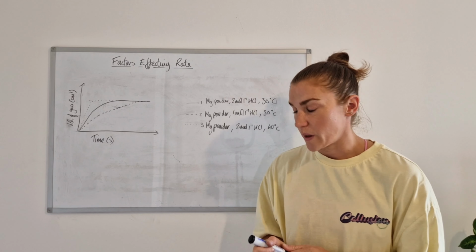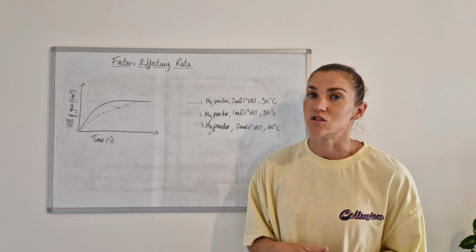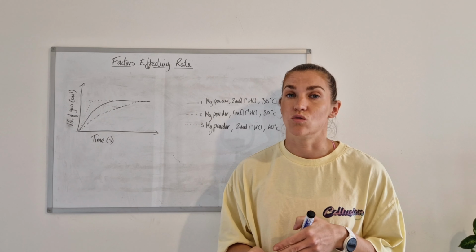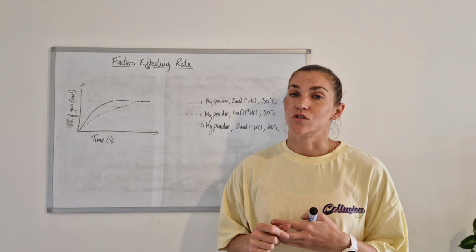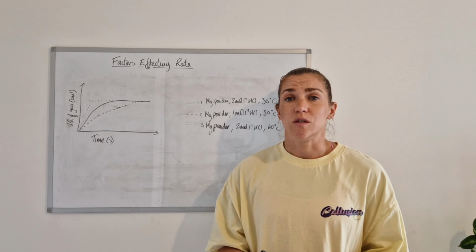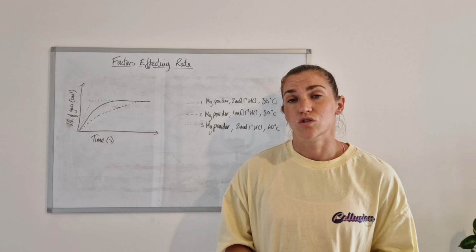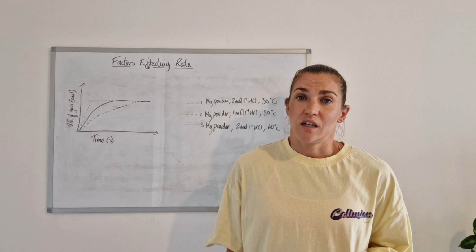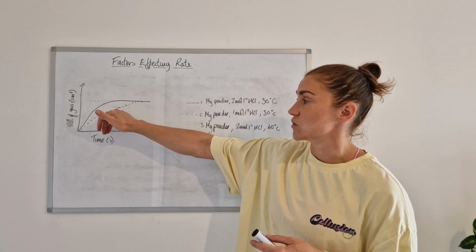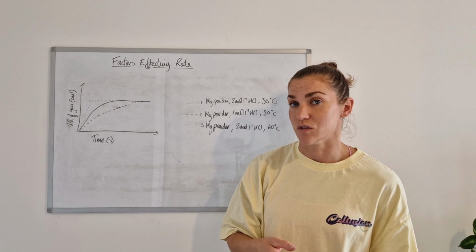So when you get these questions in an exam and you're asked to suggest a factor that could have been changed, it is just a suggestion. There is no one specific right answer. There's quite often a few that you could pick from, like we've just discussed here. So you just need to pick one that you would want to change, or that you could change. Don't overthink it. If the reaction looks like it's slower, pick a change that would make the reaction rate slower.